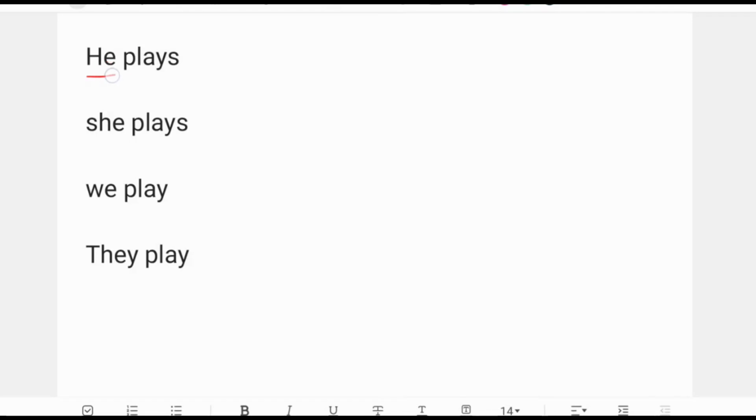Next is he plays. In present tense he plays will be वह खेलता है. And for she plays it will be वह खेलती है. Now see, with the male person it is ता है, वह खेलता है, and for female it is खेलती है, वह खेलती है.